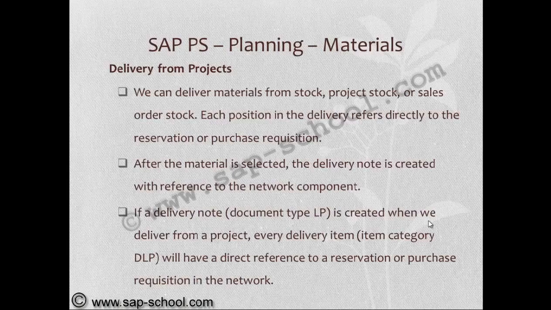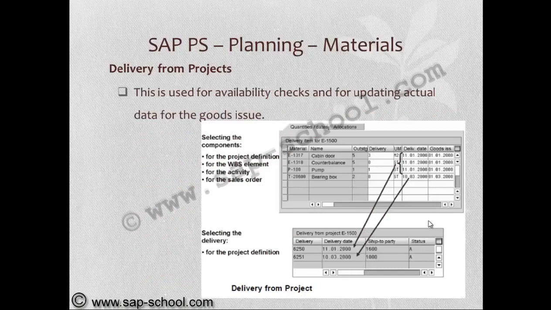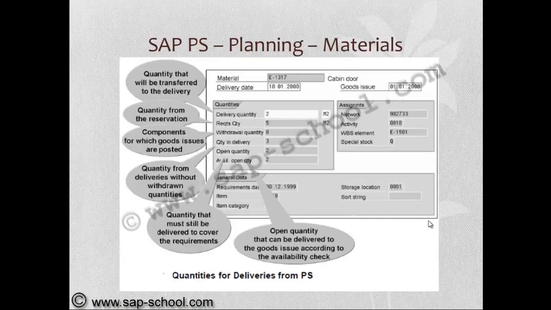The delivery note type, document type will be LP, and delivery item category will be DLP. This is used for availability checks and for updating actual data for the goods issue. So this is about delivery from project.